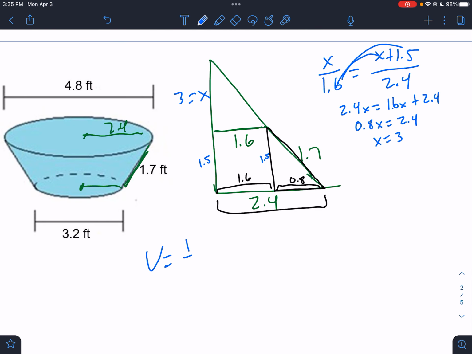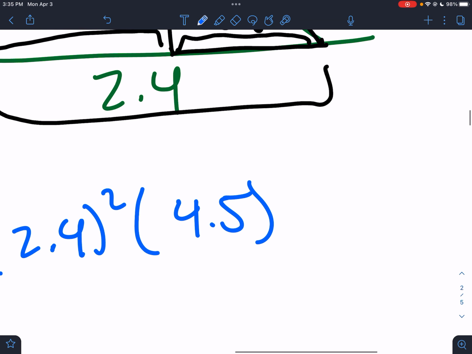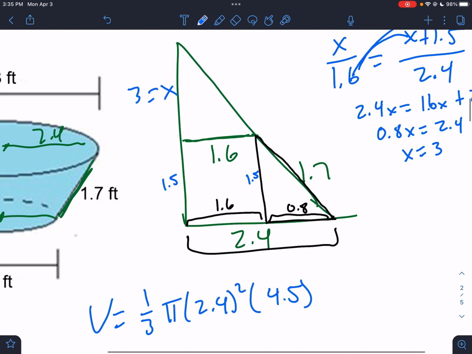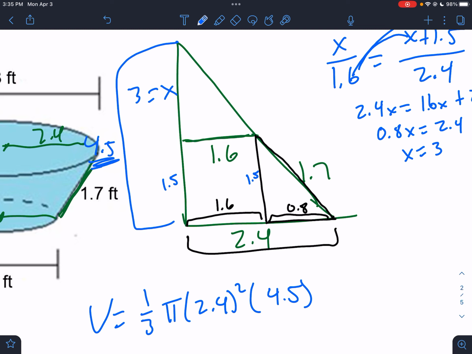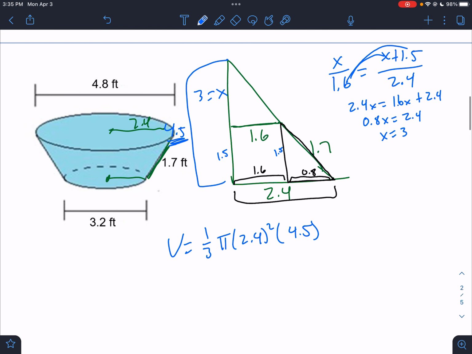The volume equals 1/3 pi big radius squared times big height. I don't see a 4.5 in there. Where's the 4.5? The height of the entire original cone is 4.5. That's where it comes from.